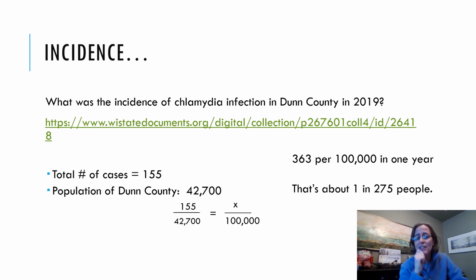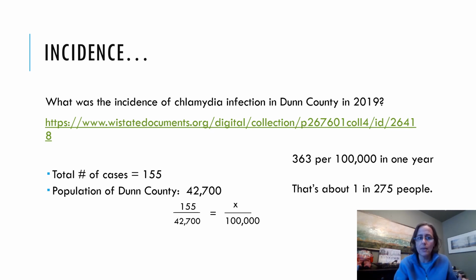And so you might think to yourself, well, I'm thinking that maybe Dr. Hall, as someone who is 50, might be at a slightly different risk of contracting chlamydia than perhaps some of my students who are in their late teens and early 20s, for the most part, with exceptions. So let's take a look at the incidence within a specific age group in Dunn County, right? And we have that data too. So overall for the county, 1 in 275 people, or 363 out of 100,000.